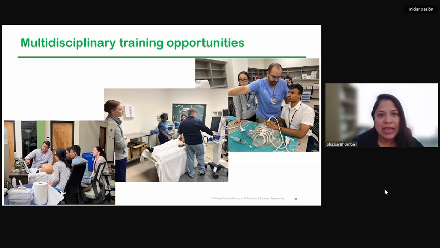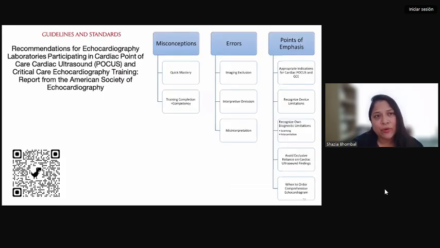We also do some protocols looking at subcostal views during code situations and try to teach that as well. There are guidelines from ACE on how the Echo Lab can participate in cardiac point of care ultrasound and training. So you can work with cardiologists and say, here's what we'd like to be able to do; how can we get some help training up on views and protocols?